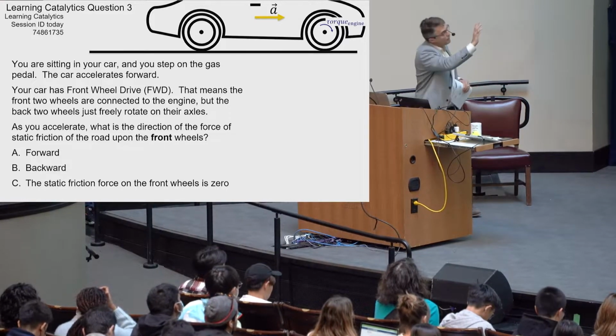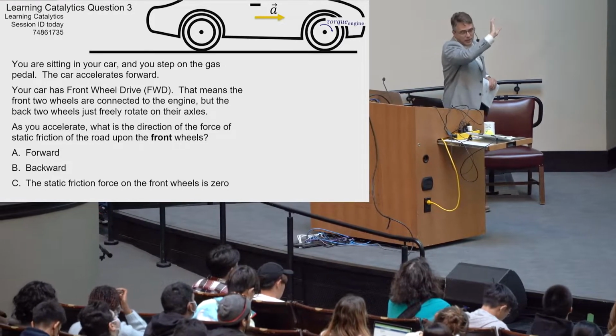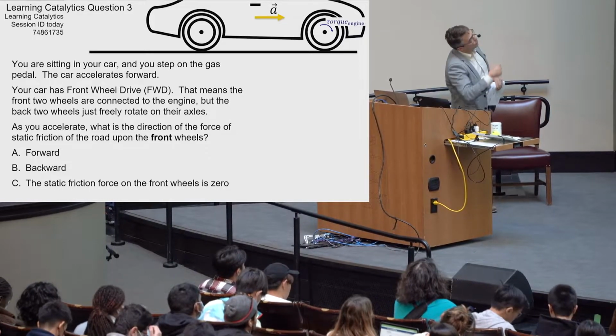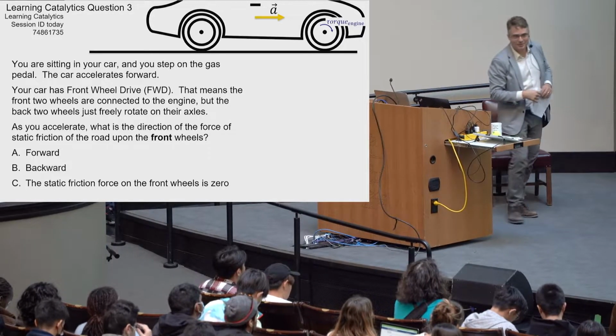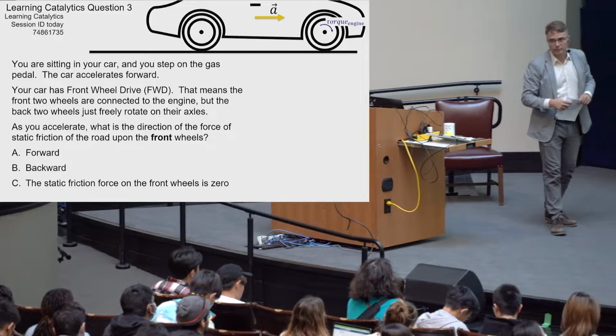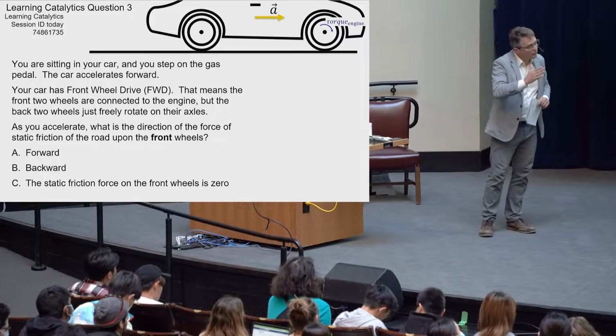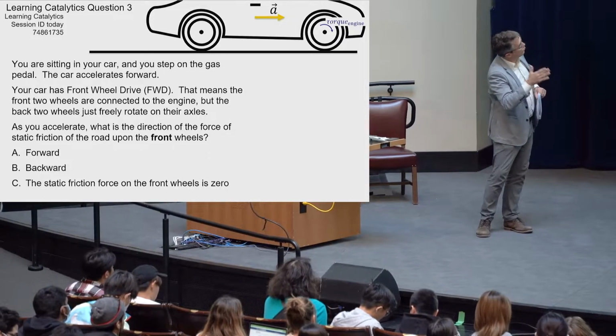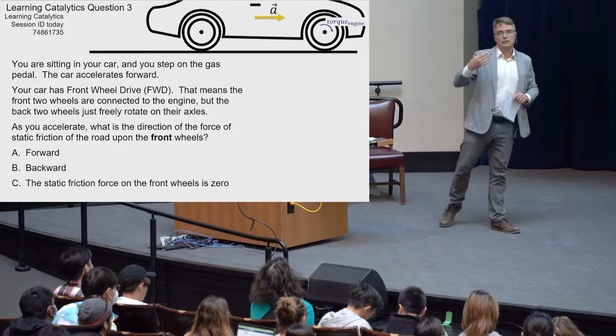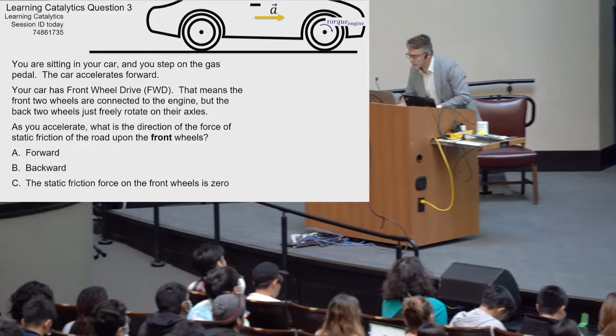So you've got to think about if it was an icy road and these wheels were accelerating because of this torque, which is a future concept I'm going to talk about in a couple weeks. Which way would the wheel want to slip? Okay, and static friction should be opposite to that.